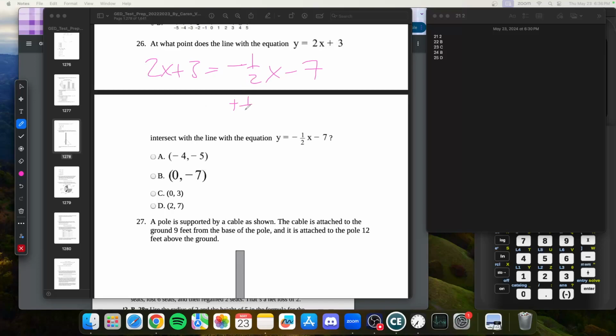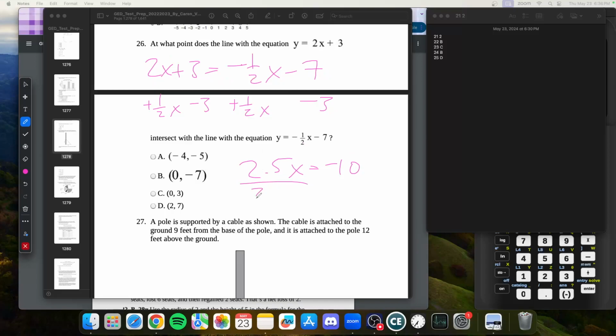I'm going to add 1/2 x to both sides, and then I'm going to subtract 3 on both sides, to get 2.5x equals -10. Right? -7 minus 3 is -10. 2 plus 1/2 is 2.5.